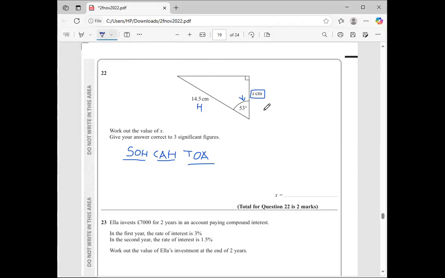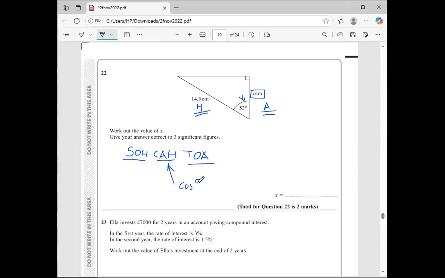So since X is the adjacent, and we have the hypotenuse, we're going to look for a formula that has adjacent and hypotenuse, and that's Mr. Carr, the guy in the middle. Did you see that? Yes. So what am I going to write? I'm going to write cosine of 53.